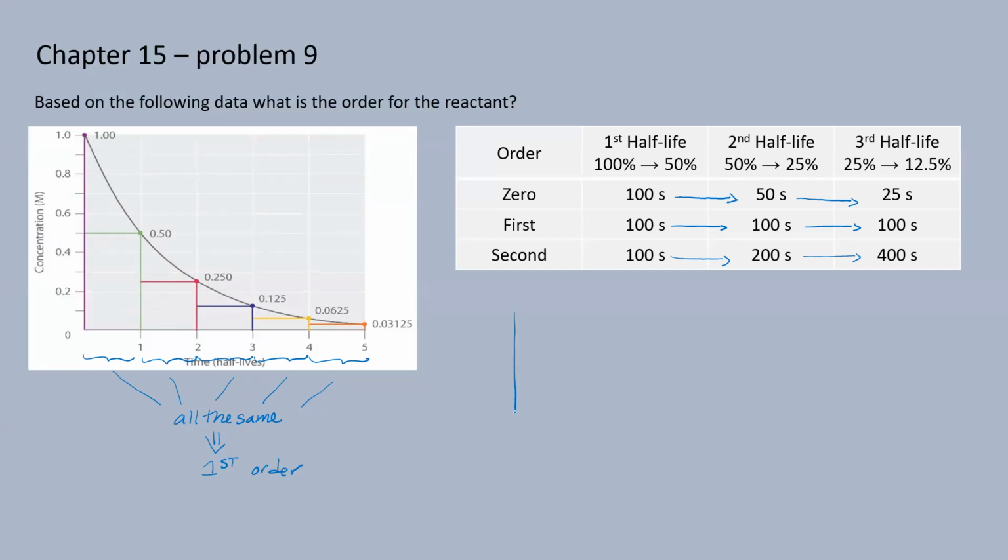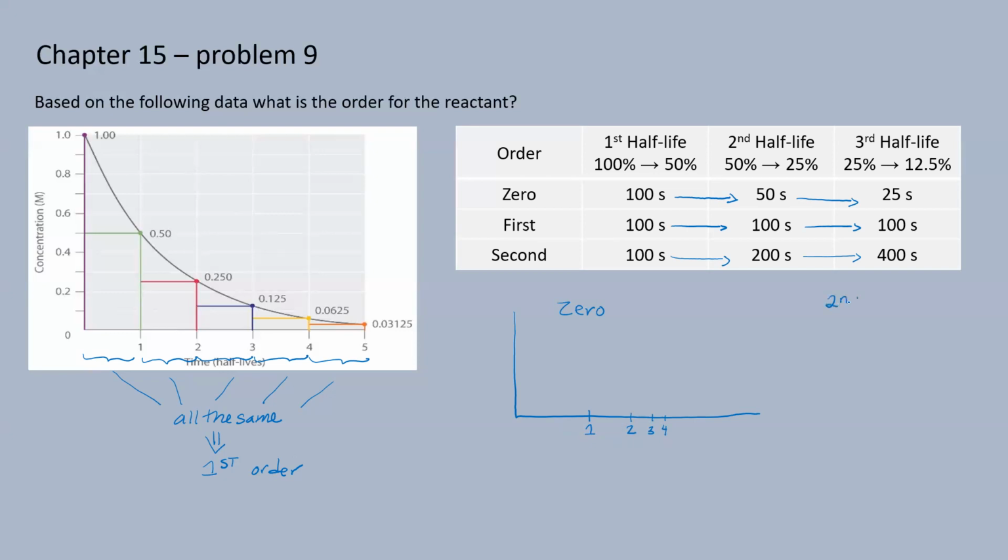If it was zero order, the first one, let's say, would be here, but then the second one would be halfway, and then the third one even less, the fourth one, etc. So notice that the distance between the half-lives gets shorter.